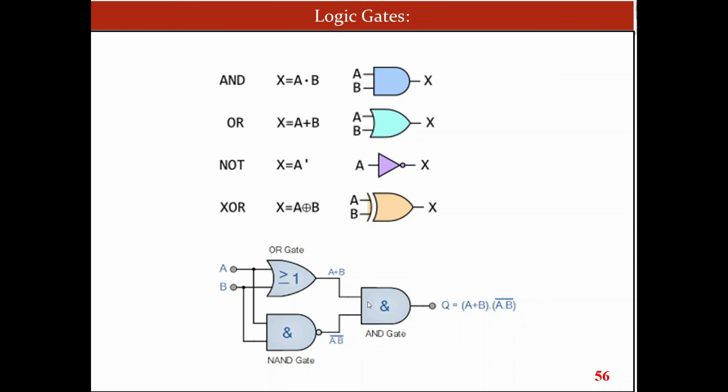For the AND gate we use the dot product, so the final output of this logic connection is A plus B dotted with A dot B bar. You may have a number of inputs, A, B, C, and so on. With that, you can exercise.